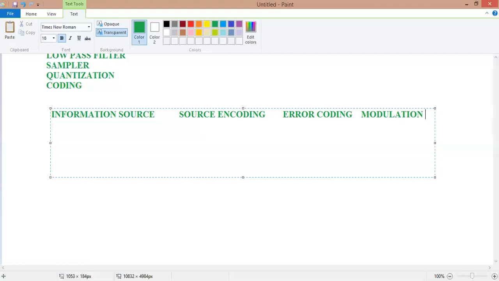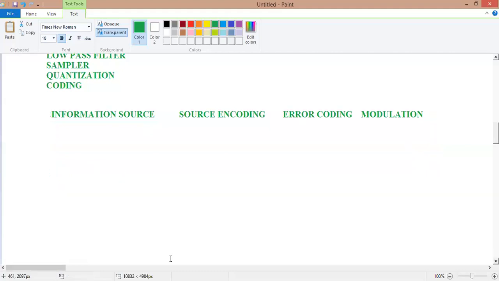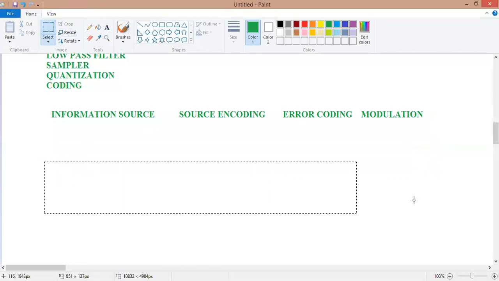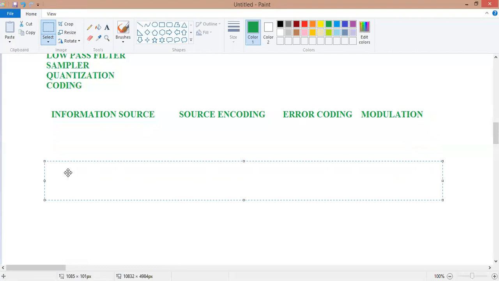Next, that signal is passed through the channel, and when it is received at the receiving end, first we get the RF down converter, through which the signal is received, that means the receiving antenna.